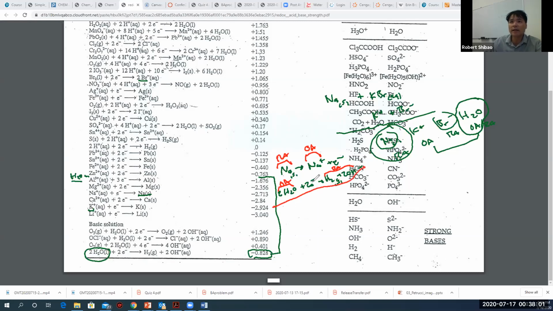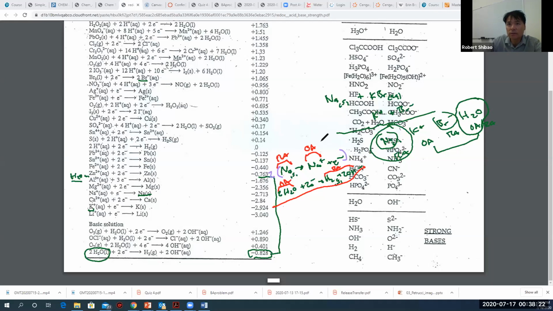Okay, now we combine it. When we combine these two, you can see that the first one produces 1 electron and the second one consumes 2 electrons. So the first one, we're going to have to multiply by 2. Otherwise, we're not going to have enough electrons.